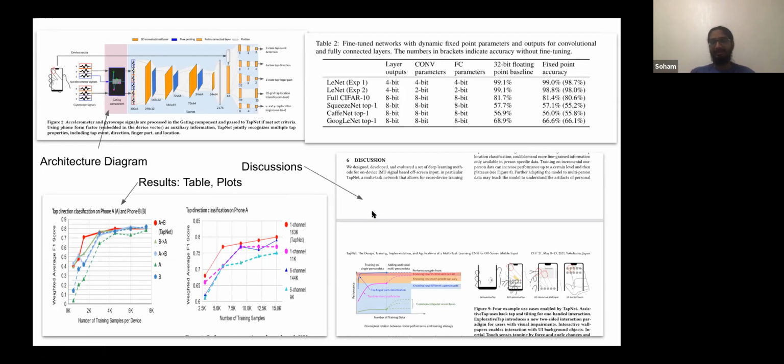And something that I personally really like reading are discussions. In discussions, the authors will go into more detail about their work. They'll try to maybe give reasoning for why they're getting the results they're getting. And they might talk about some interesting results, and maybe future work that they want to do in this area and stuff like that.